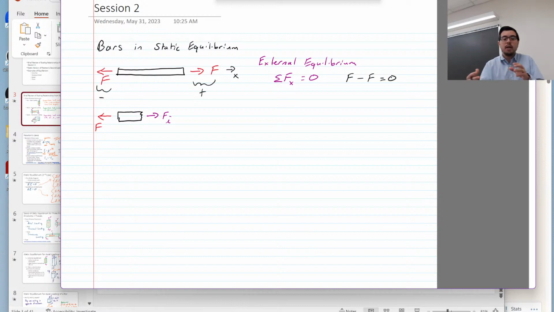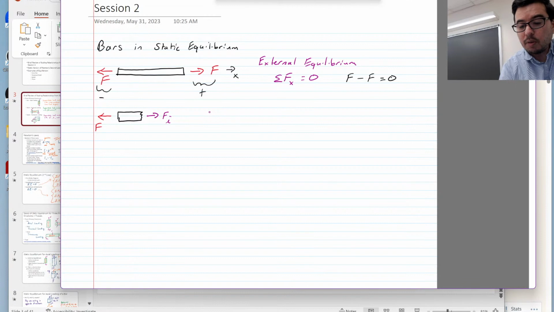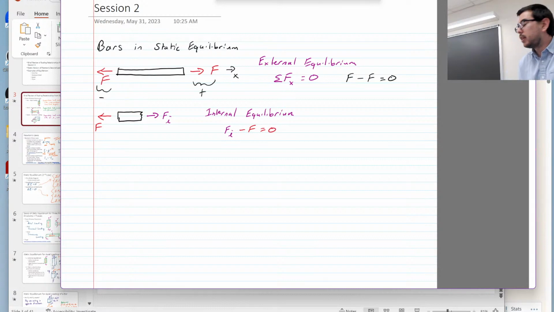So in this case, again, we can do equilibrium, but we're going to do internal equilibrium. With this internal equilibrium, there's Fi, but I also have this external force acting on the system, and that's going to be equal to 0.